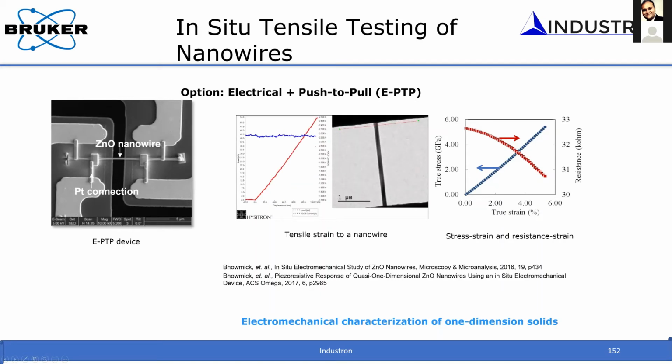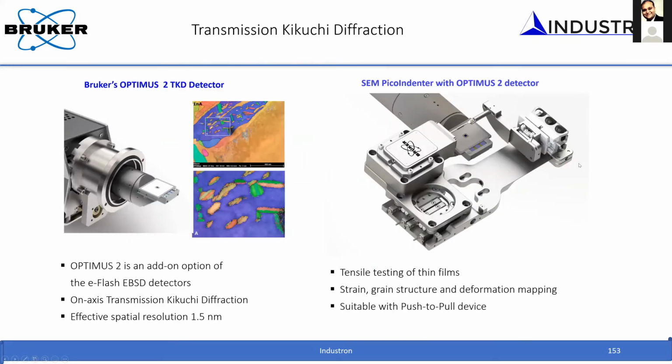Okay, and then this is the final example with this. This is not an EBSD detector; it's a TKD detector. It's a transmission Kikuchi diffraction experiment. This is somewhat similar to EBSD, but in this particular case, the material has to be transparent.